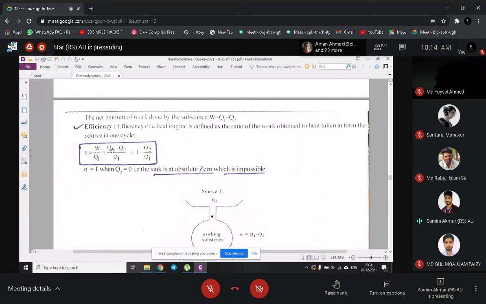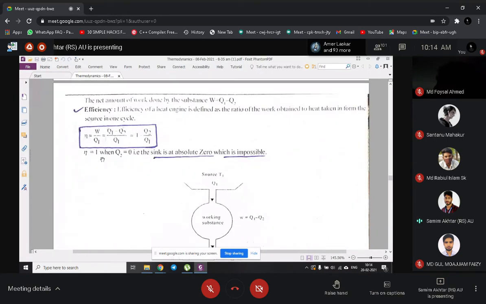So this is Q1 minus Q2 over Q1, equal to 1 minus Q2 over Q1. This is a very important expression. Here it is seen that eta equals 1 when Q2 equals 0. That means the sink is at absolute zero, which is not possible, because there is no engine in the universe with 100% efficiency.